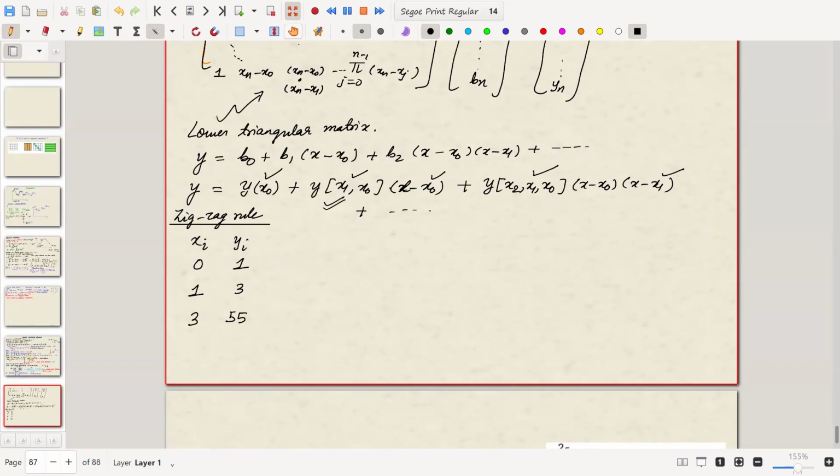How many data points are there? How many of you are saying 2? How many of you are saying 3? Yes. So there are 3 data points. Good. Now, how can we construct a Newton interpolating polynomial based on these 3 points? So you have x0, x1, x2.